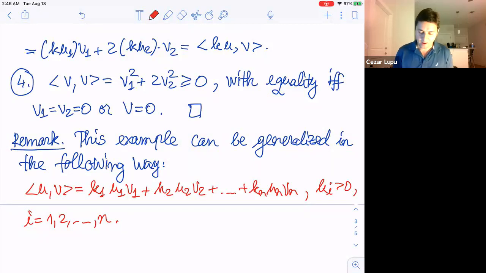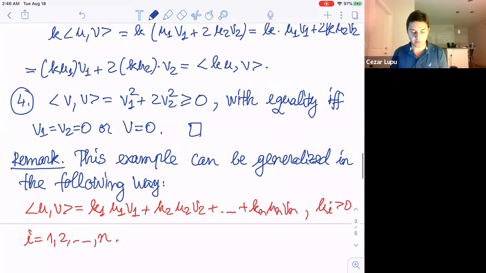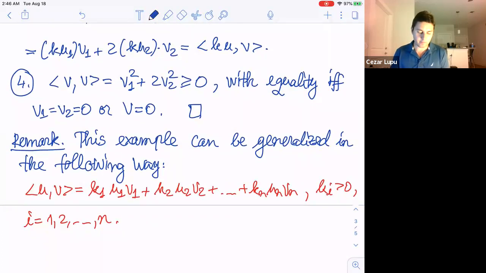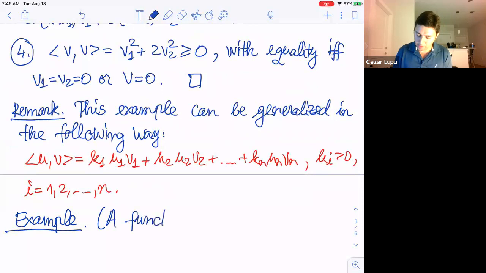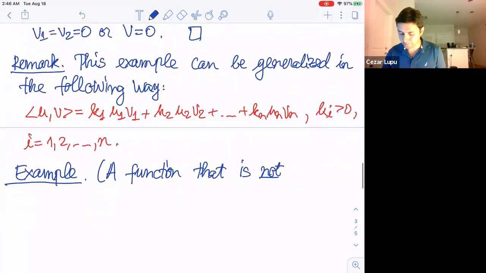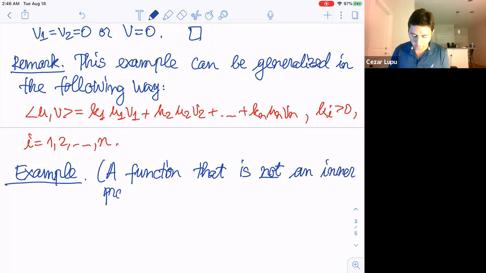All right. Now, since we have seen two examples of inner product, let's see a function that is not an inner product. Example 3. A function that is not an inner product.